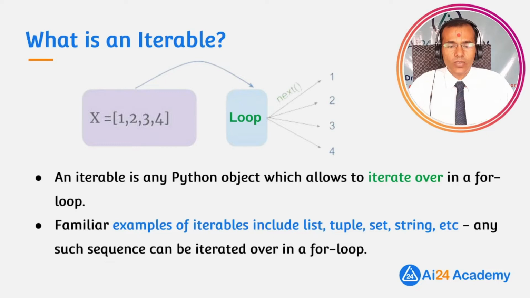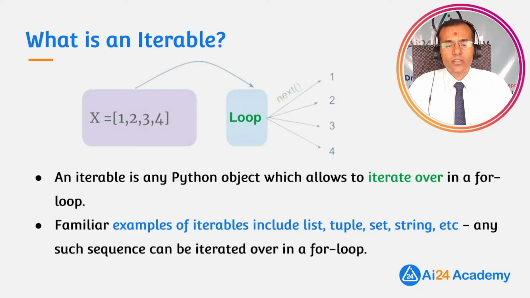Before going into the detail of what is built-in function, its example and syntax, let me tell you what is an iterable. So here one list is given with 4 values 1, 2, 3, 4, and say for example we have a loop and we take values one by one from this list like this 1, 2, 3, and when it reaches the end of this particular list, the loop is terminated. So this process of taking values one by one from this list is referred to as iterating over this particular list.